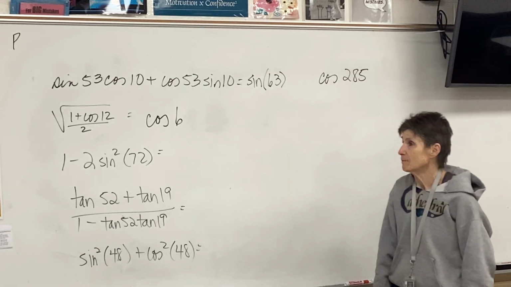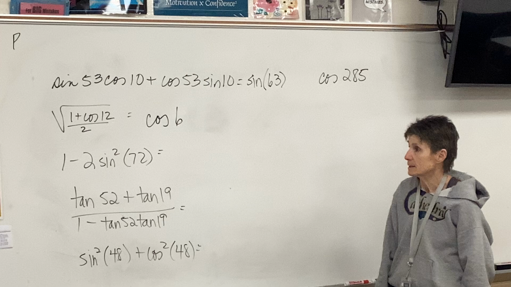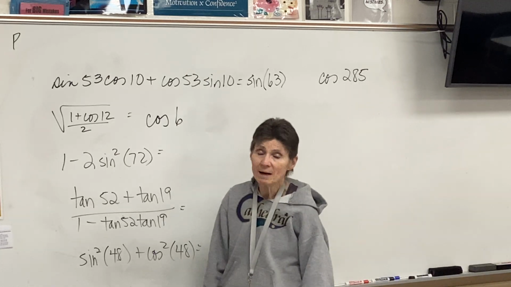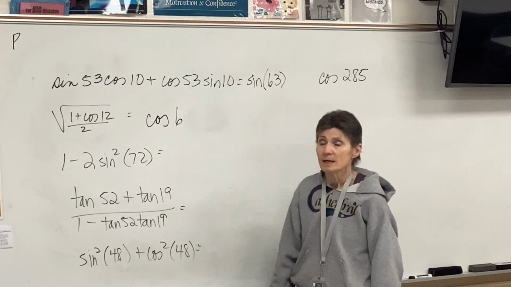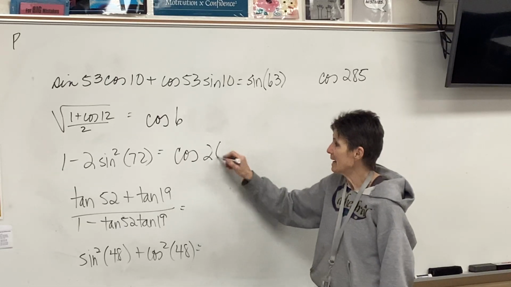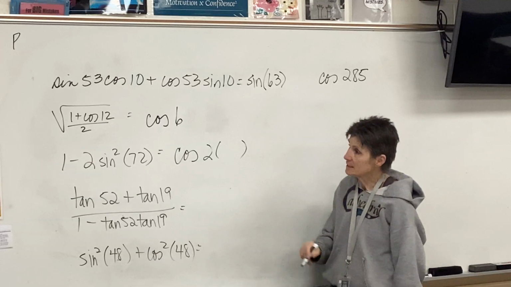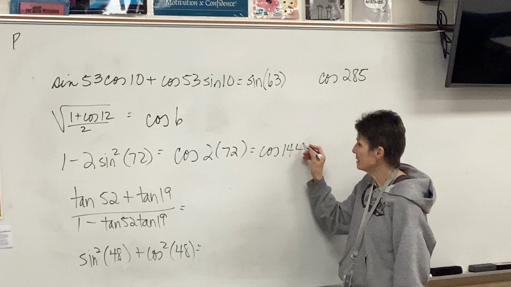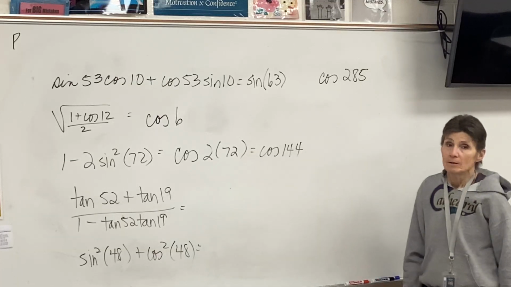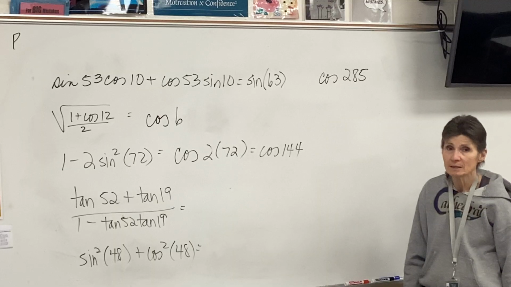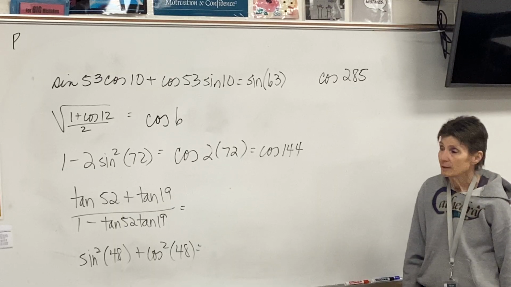That's the formula for the cosine of 6. 1 minus 2 sine squared is one of the cosine formulas for the double angle. And this is double 72, so this will be the cosine of 144. We have to get comfortable with our reference sheet, find these formulas, and apply them.